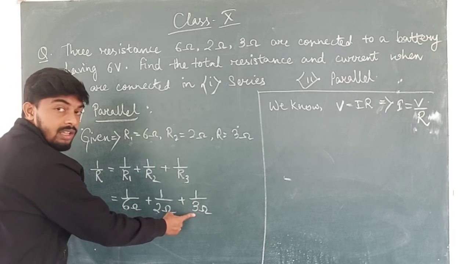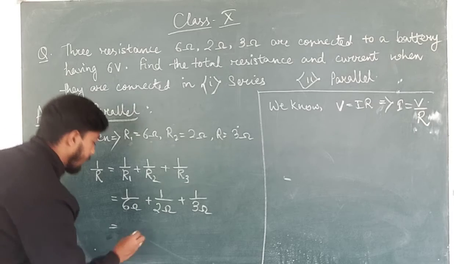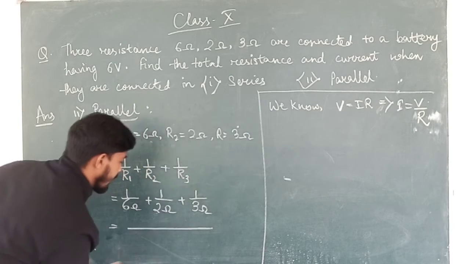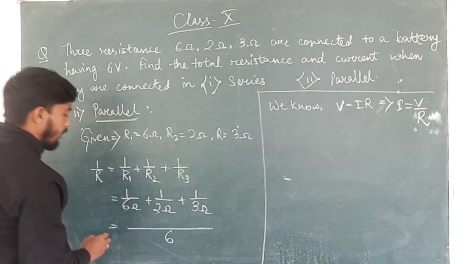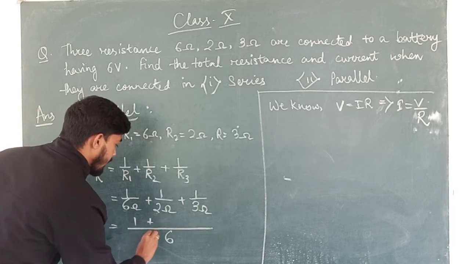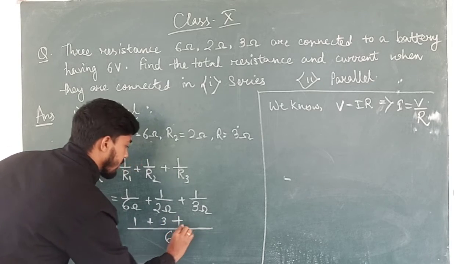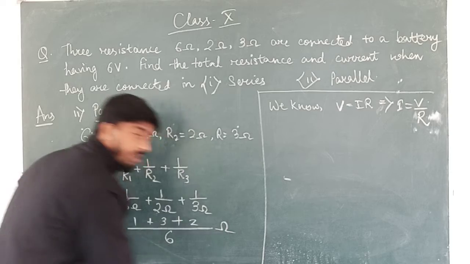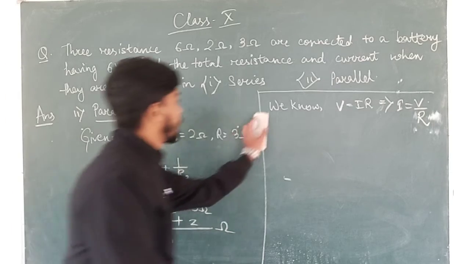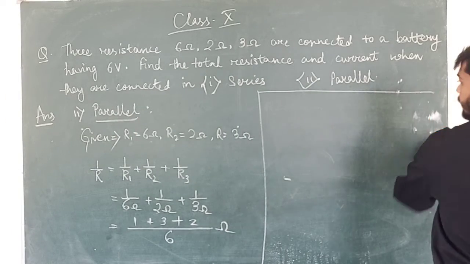6, 2 and 3, we will take the LCM, and the LCM for that is 6. So 1 plus 3 plus 2, so totally over 6 ohm. Just copy this part.